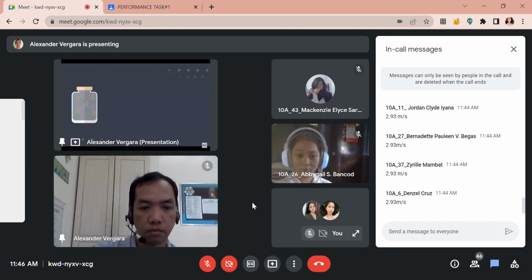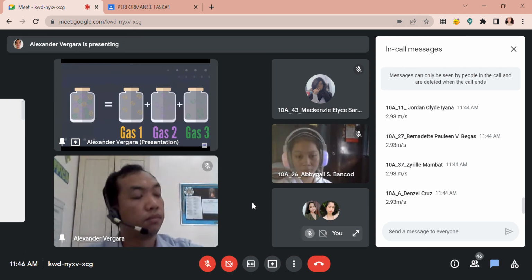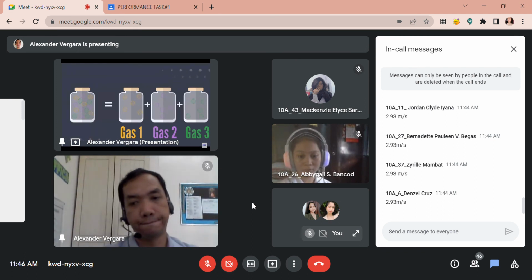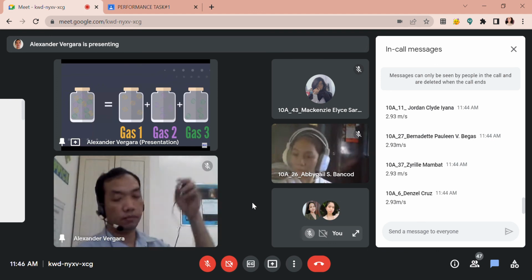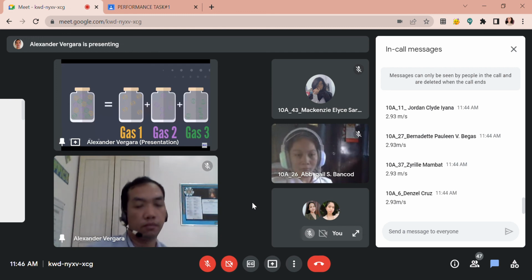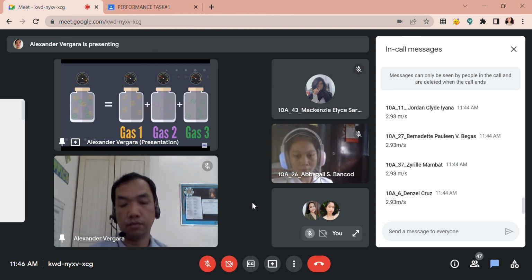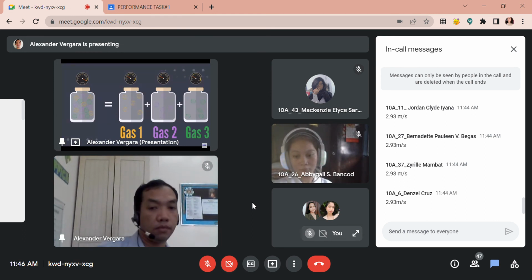Now let's take the same container and spread the gases out equally while holding the volume constant in each container. The sum of the partial pressures of the three gases will equal the total pressure of the mixture of gases. Let's look at the pressure meters above the gas chambers to notice that each partial pressure of the individual gases equals the pressure of all the gases in the same container.